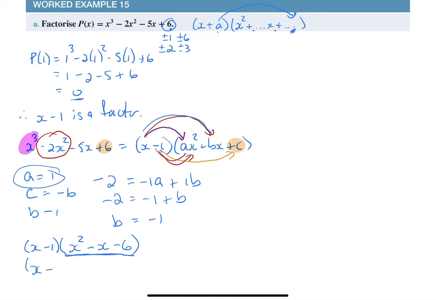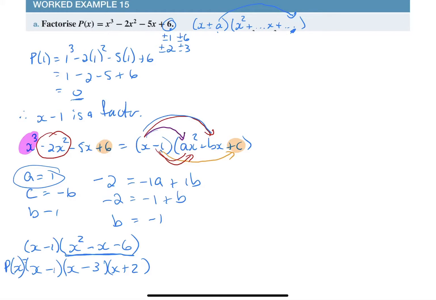So it means x minus 1. And if I do this, this is x, this is x, this is 3, this is 2, this is minus, this is plus. Let's just check. X times x is x squared. Minus 3x plus 2x is minus x. Minus 3 times 2 is minus 6. And they are the factorization of px.